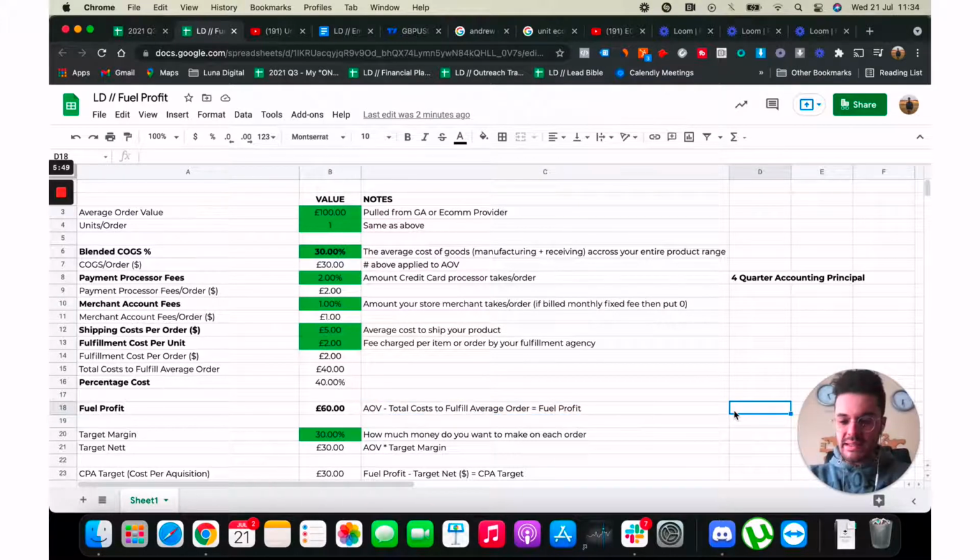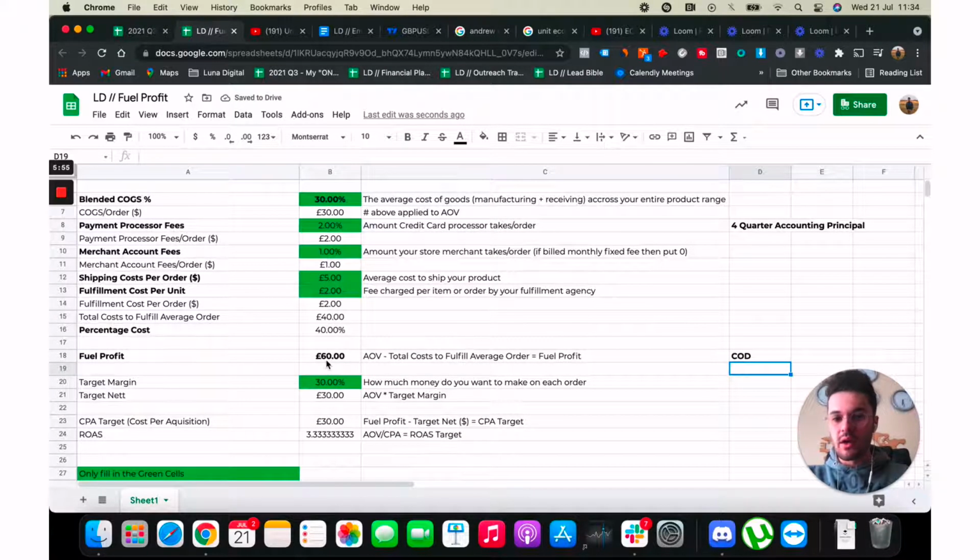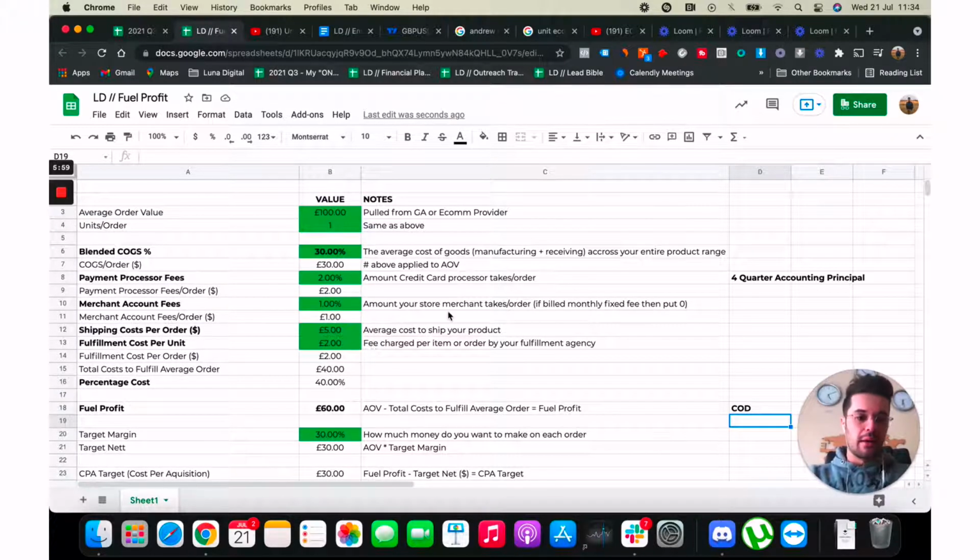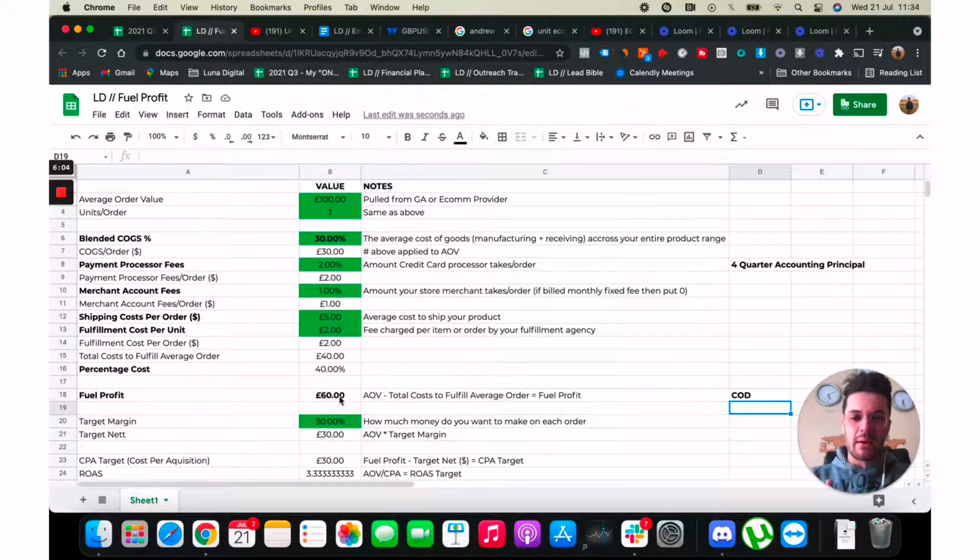So this is essentially the all-encompassing cost of delivery, okay? Makes sense. Great stuff. So we know the £100 minus our cost of delivery is going to give us £60. So that £60 we can drive straight back into Facebook to go and get an order. Great stuff. That makes sense.